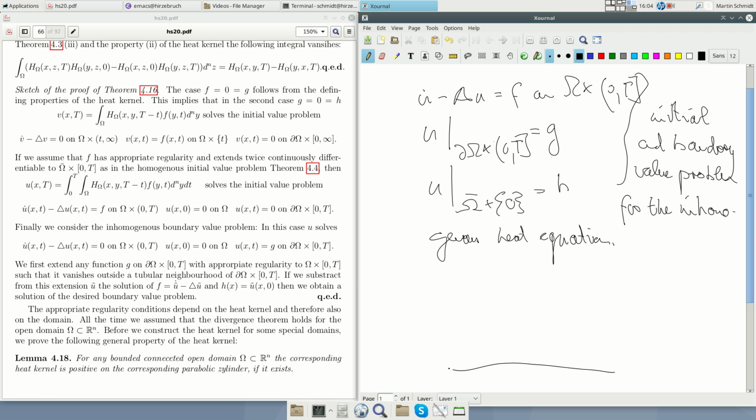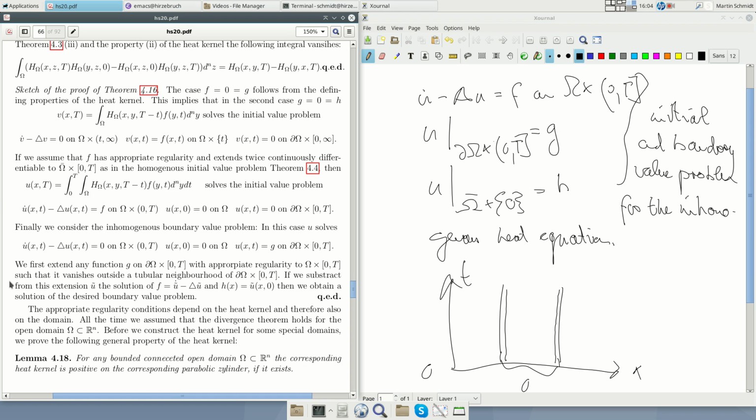So if we draw here our picture, t, let's say here is 0, here is omega, and so we want this to vanish here in tubular neighborhoods of the boundary.